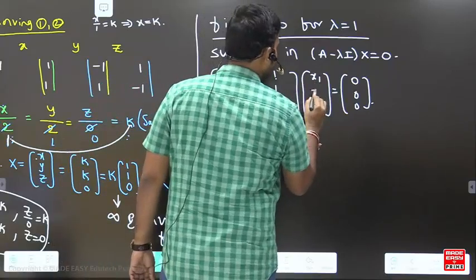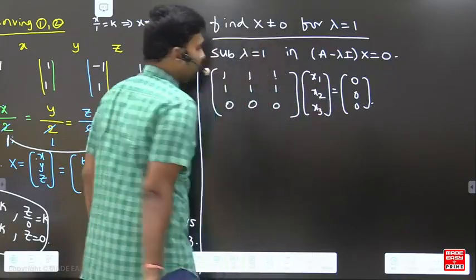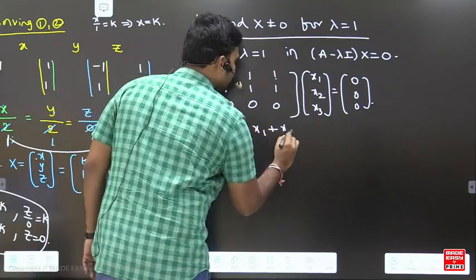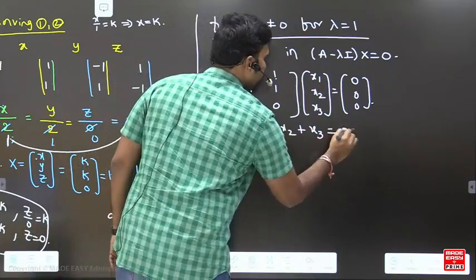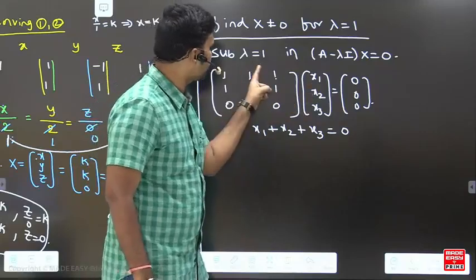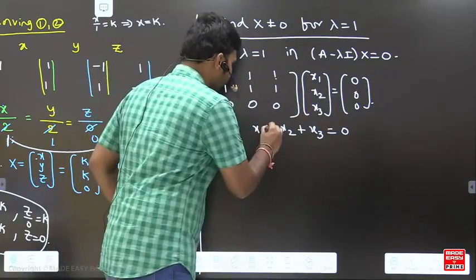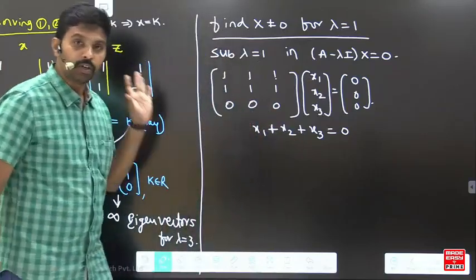If I say x1, x2 and x3, then x1 plus x2 plus x3 is equal to 0. Yes or not? You are getting that x1 plus x2 plus x3 is equal to 0.